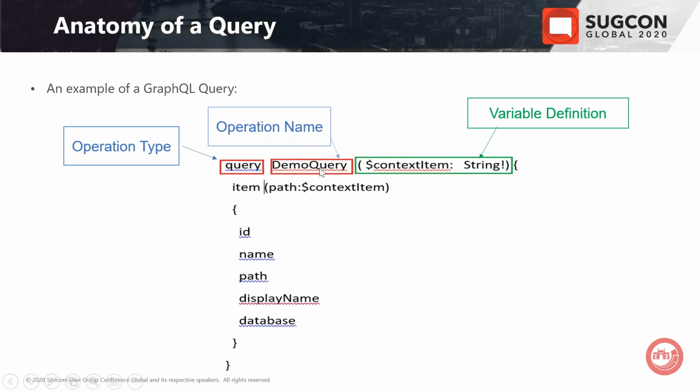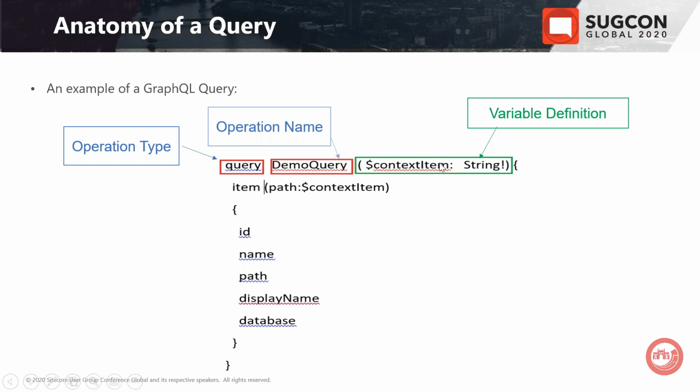We need not give it, but it's better to have it, so that when we use this query in a production environment, it can be identified uniquely and debugged later.